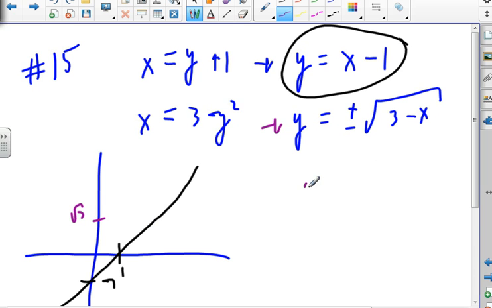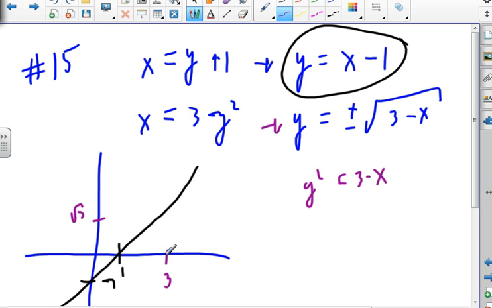Now if we rewrite this as y squared is equal to 3 minus x, it looks to me, if x were 3, y would be 0 right there.